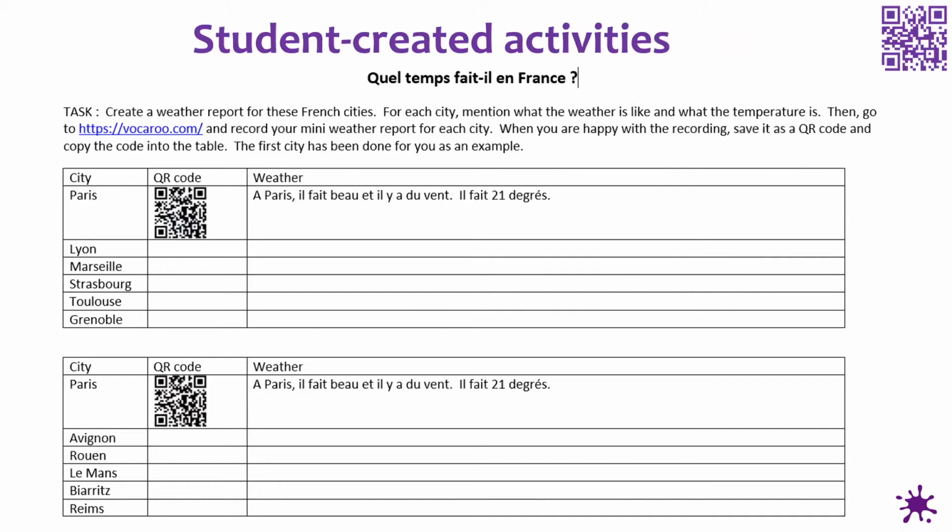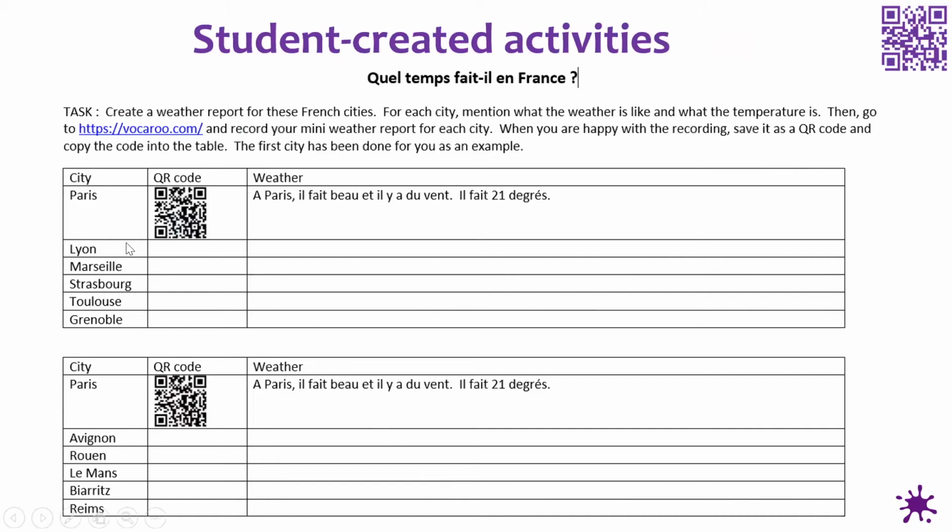There's a website called vocaroo.com where you press record and it records. You press play to see if you like it, and if you don't, you start again, and if you do, you can save it, and one of the options is to save it as a QR code. I've asked them to copy it and paste it into the table here.